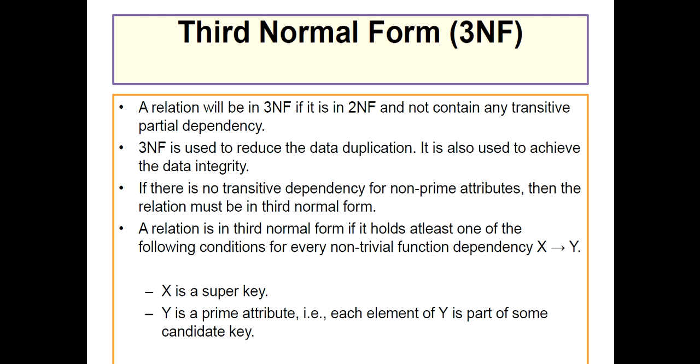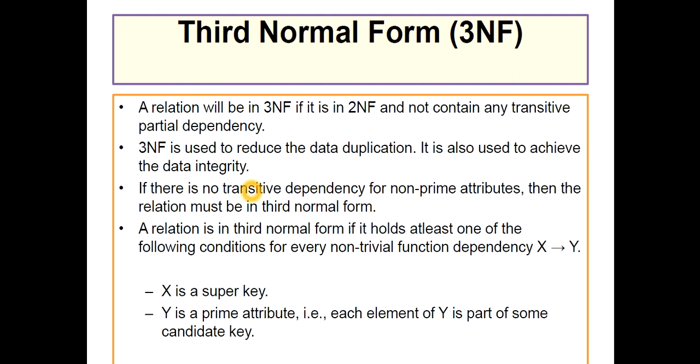Then why are we using third normal form? First of all, third normal form is used to reduce data duplication, and it is also used to achieve data integrity. We convert our table to third normal form so that we can achieve data integrity.